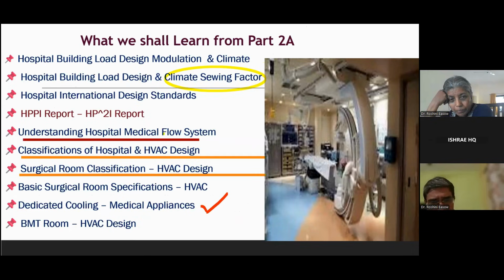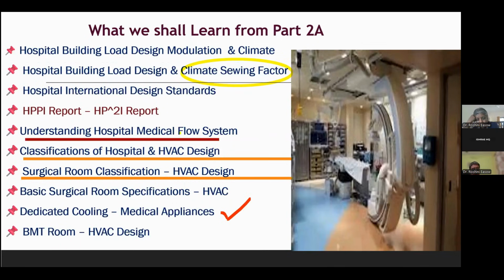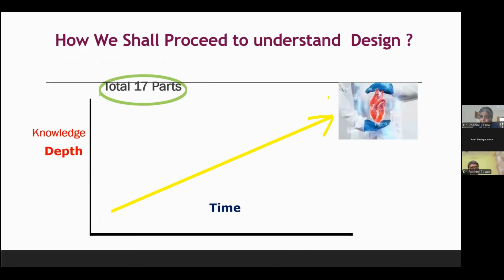Understanding the hospital medical flow system. Classification of hospitals and HVAC design. Surgical room classification and HVAC design. Basic surgical room specifications under HVAC. This is a new terminology you are hearing, but it has become very common in hospital HVAC design: dedicated cooling medical appliances. And finally, we'll cover the BMT room HVAC design.